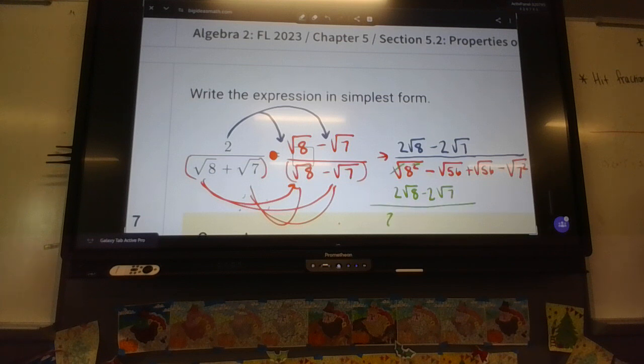The square root of 8 squared is just 8. The 56 cancel. And the square root of 7 squared is just 7. The conjugate is so cool, the way it just works like that.